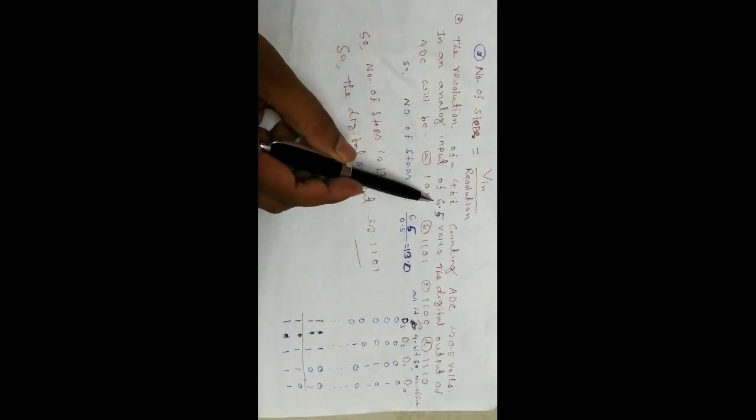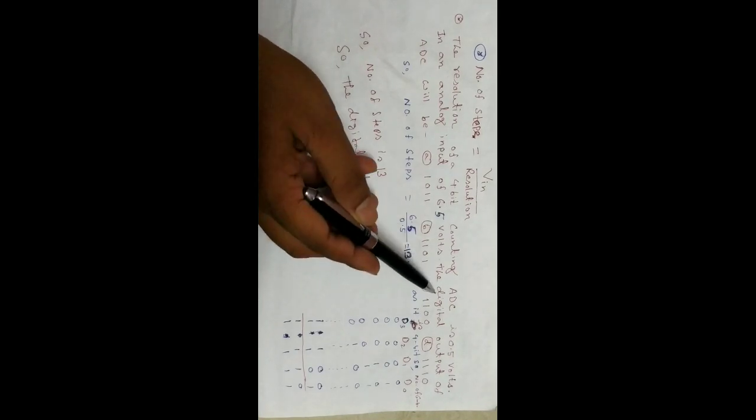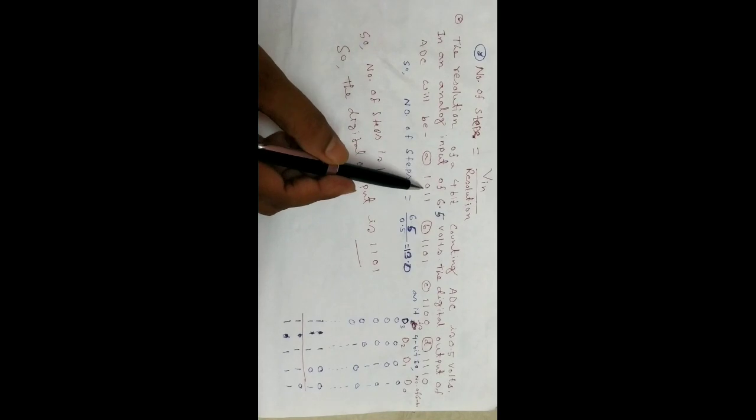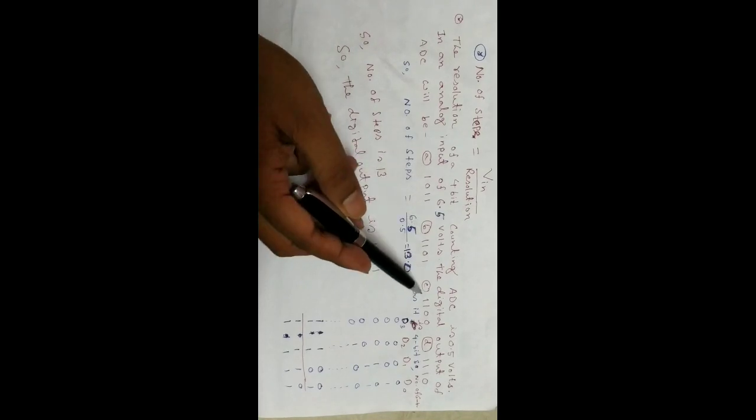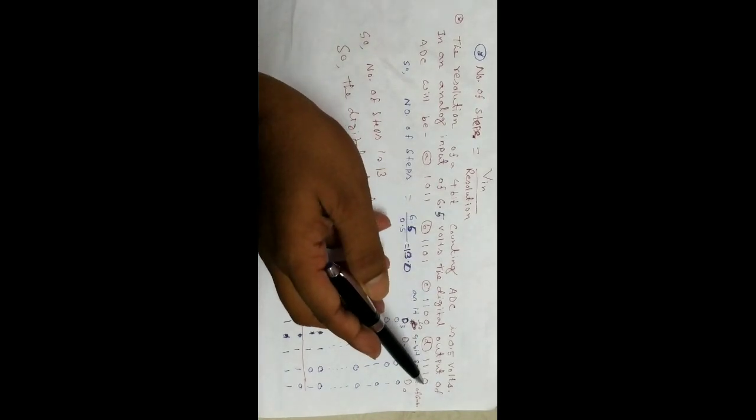For an analog input of 6.5 volts, the digital output of the analog to digital converter will be 1011, 1101, 1100, or 1110. We calculate that using this relation. If you calculate theoretically, it will be very lengthy, but if you use this short trick, you can easily calculate this problem.